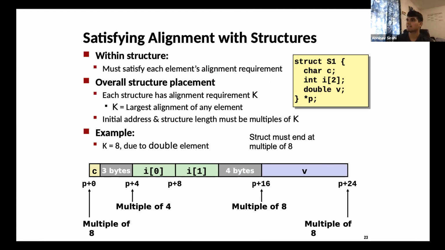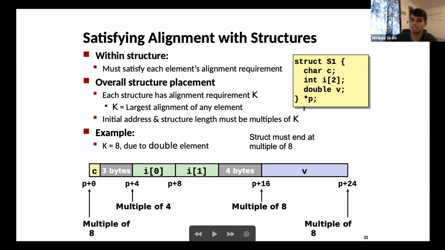There's actually another overall requirement that we need to satisfy, and that is that each structure has the alignment requirement k, where k is the largest alignment of any element. So the initial address and the structure length has to be a multiple of k.